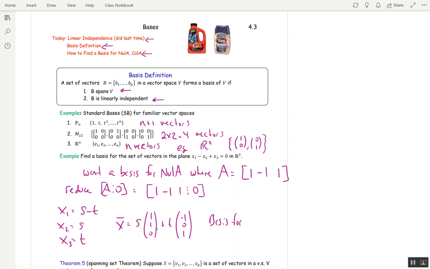A basis for null A is (1, 1, 0), (-1, 0, 1). It's a basis because it spans, and last time we saw that this process of finding a spanning set for null A will always give you a linearly independent set. So we've got two vectors, they span null A, and they're linearly independent, so they form a basis.